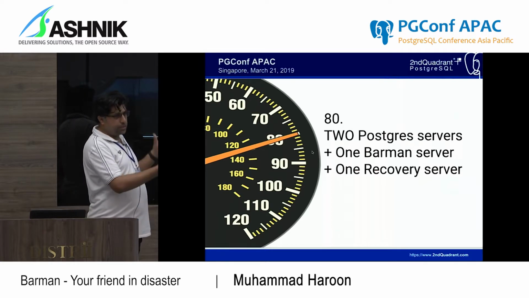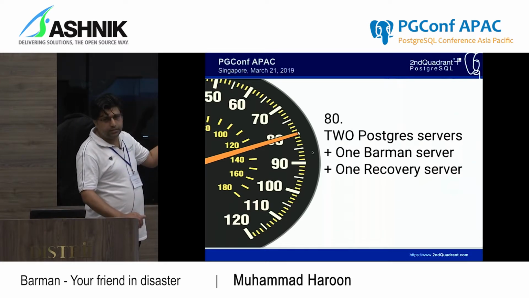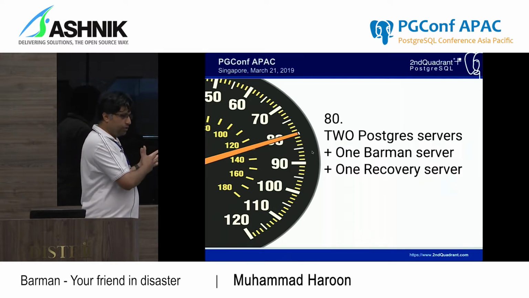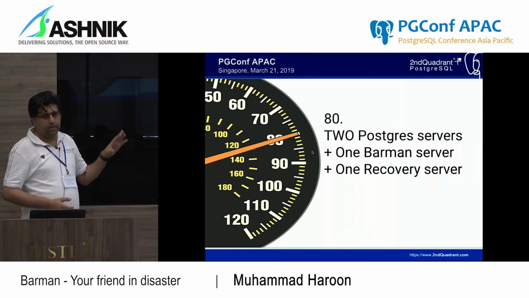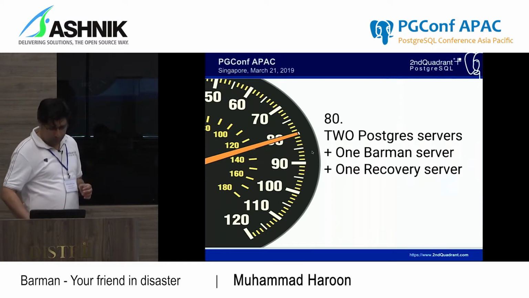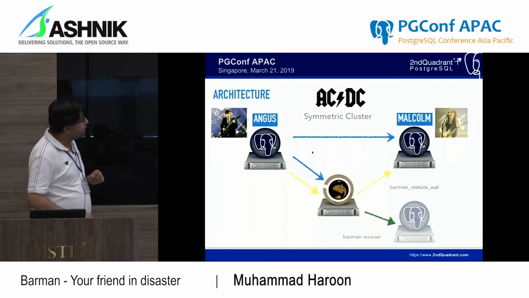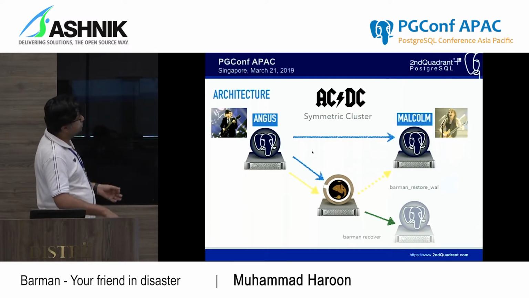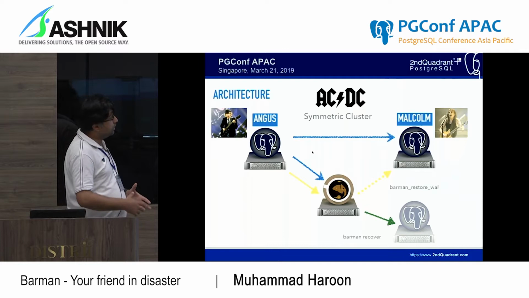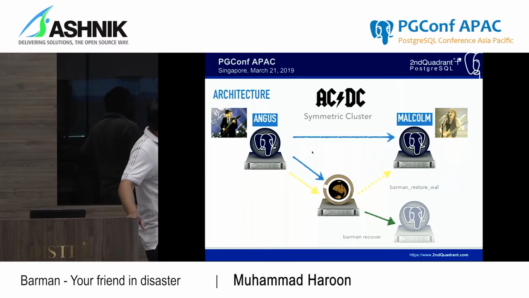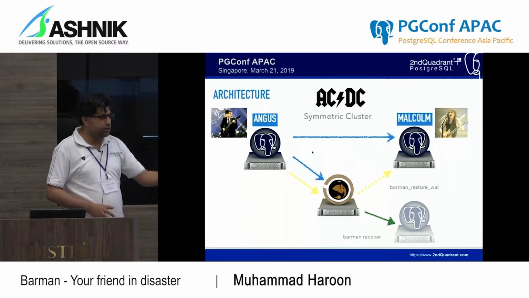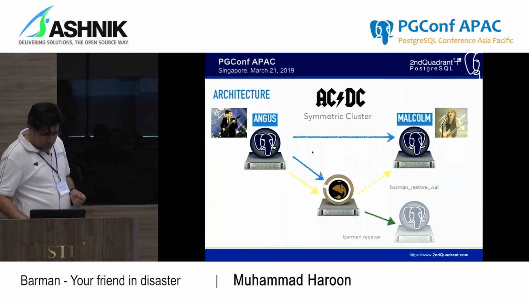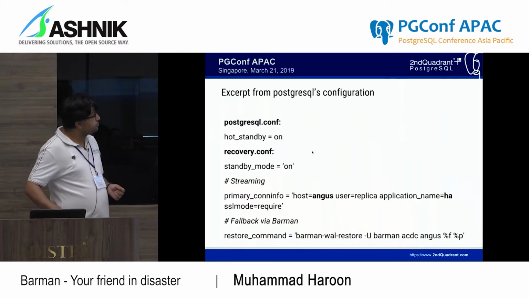So this picture takes us at least a couple of steps ahead of the business continuity matrix that we had before. With this, we are at around 80% of the business continuity matrix. What it looks like in the picture is that you now have one master, a happily running standby, a Barman, and then one of the recovery servers, which, as I said earlier, you could use for any other business purposes.